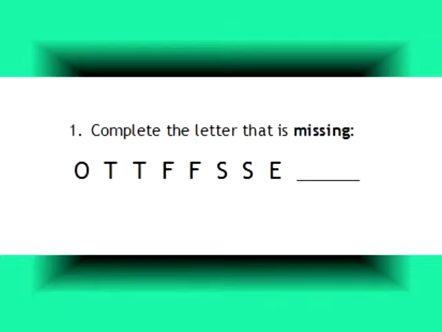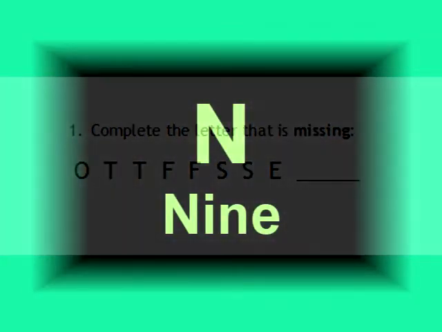What does the O represent? It is 1, T is 2, T is 3, F is 4, F is 5, S is 6, S is 7, E is 8. Now do you know what the next letter is? Yes, you know. It's the N.